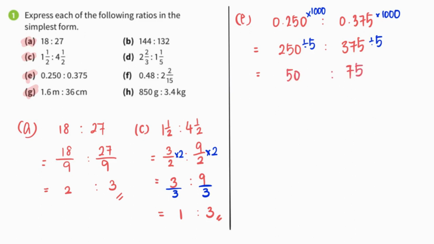And I realize, hey, I could actually divide by 25 on both sides, and that will give me a final answer of 2 is to 3.